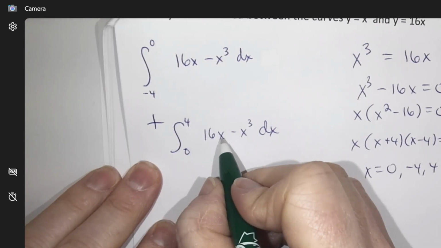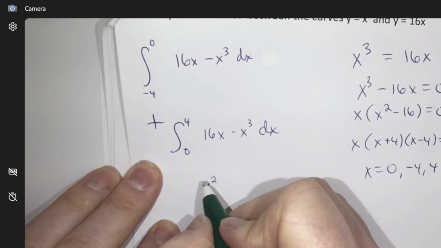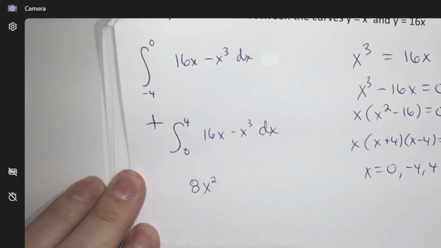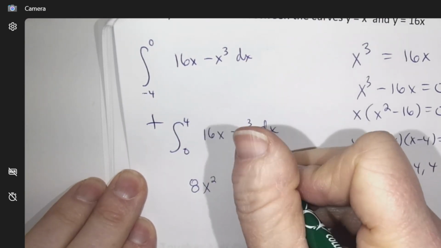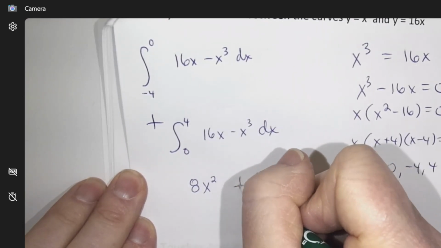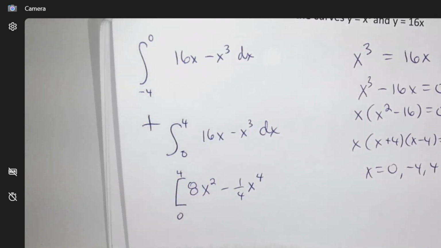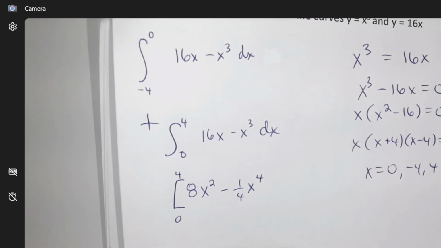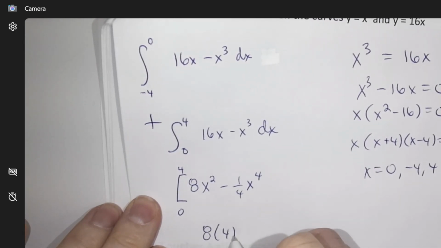Okay, so up a degree is squared. 16 divided by the 2 is 8. Up a degree is a 4. The original 1 divided by 4. Plug in a 4.